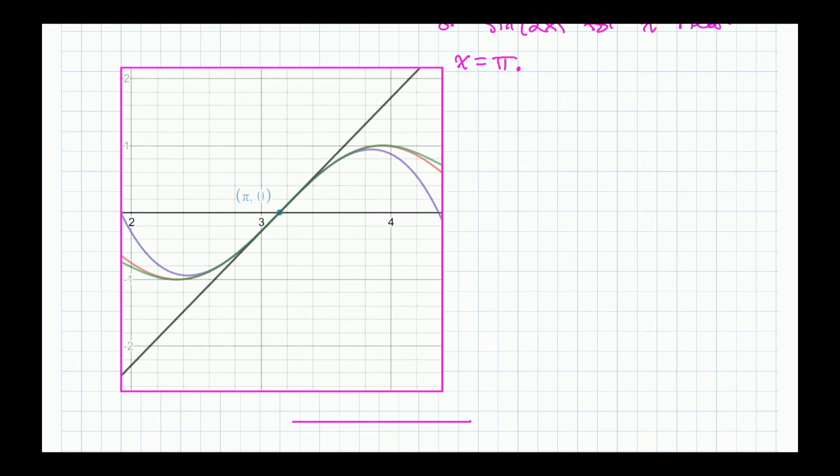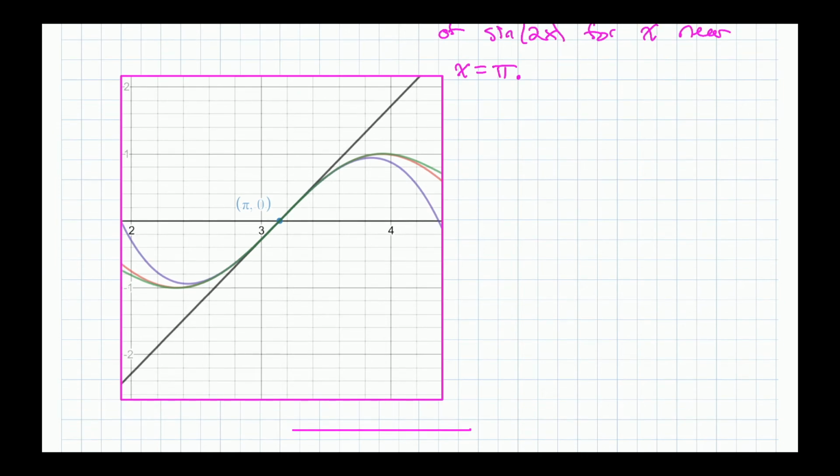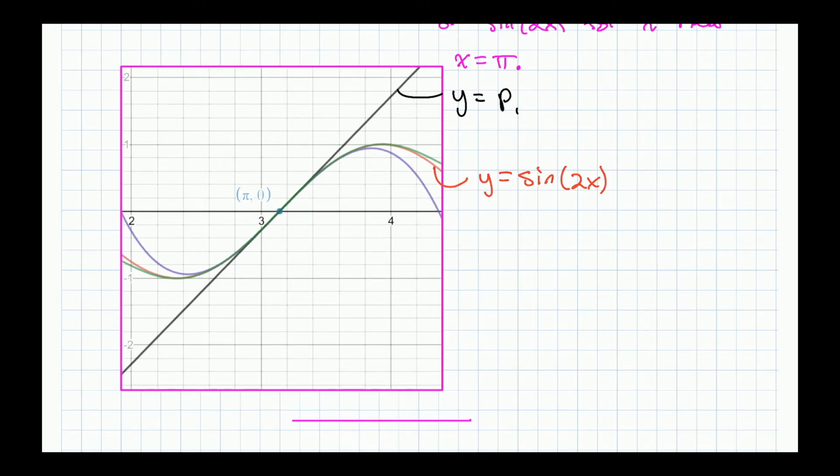So sorry about that. So the idea here was that the red curve, that was sine 2x. And then the black curve was actually y equals P1. And then the blue curve, which we calculated, was y equals P3 of x.